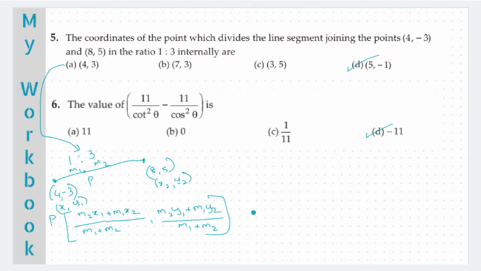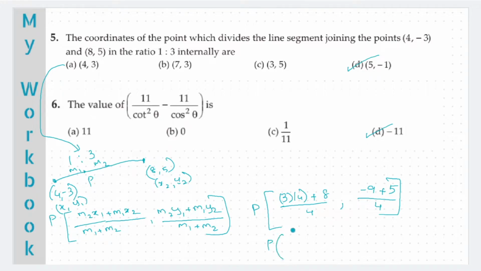So substituting, we get the coordinates as: m2 is 3, so 3 into 4 plus 1 into x2, which is 8, divided by m1 plus m2, which is 4. m2 y1 would be 3 into minus 3, which is minus 9, plus m1 y2, which is 1 into 5, divided by m1 plus m2, which is 4.